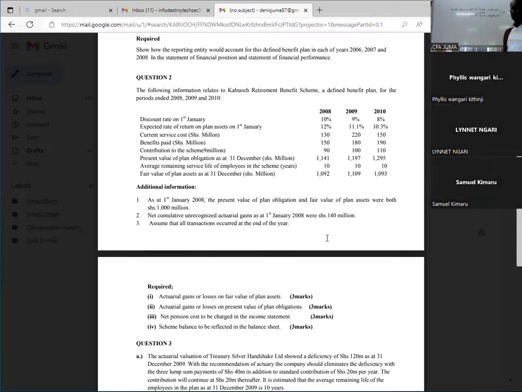So write there: actuarial gain or loss on plan assets. Today we have been told to start with assets. How many years are there? 3.